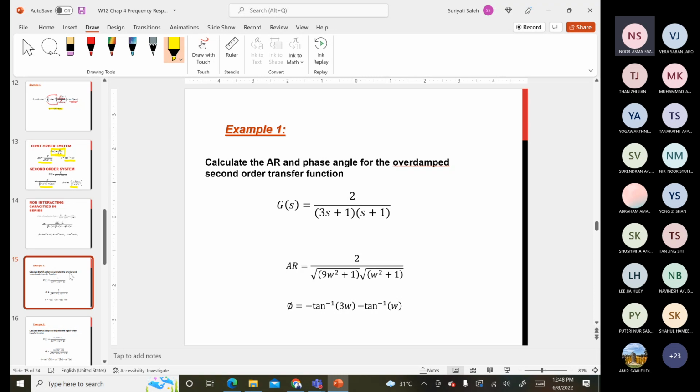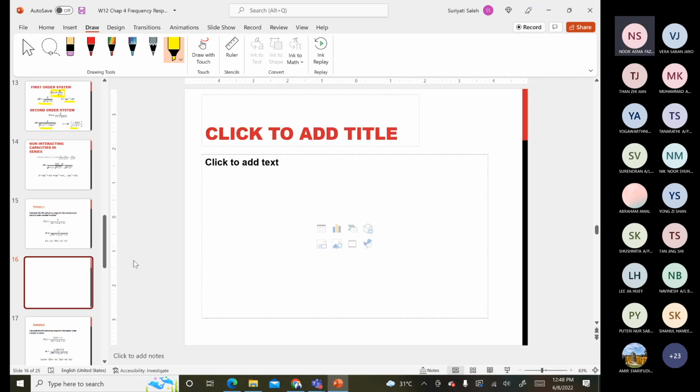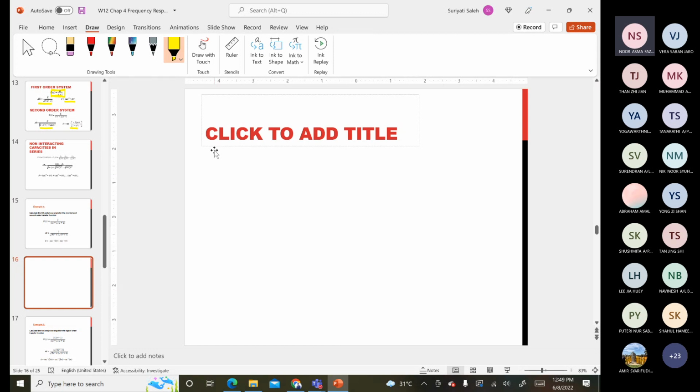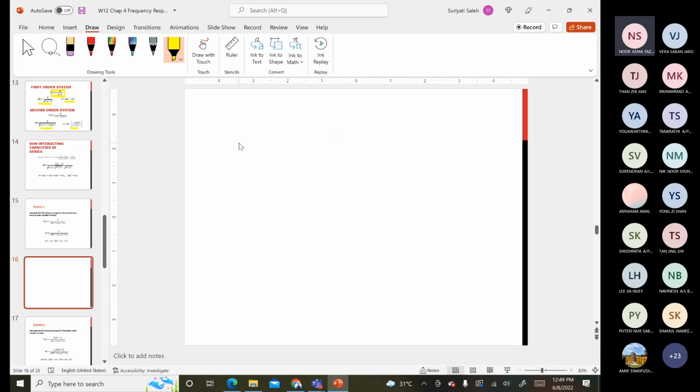Or if you're not sure, then of course, we can try to develop it one by one. For example, let me show you how to convert the amplitude ratio and the phase angle step by step.